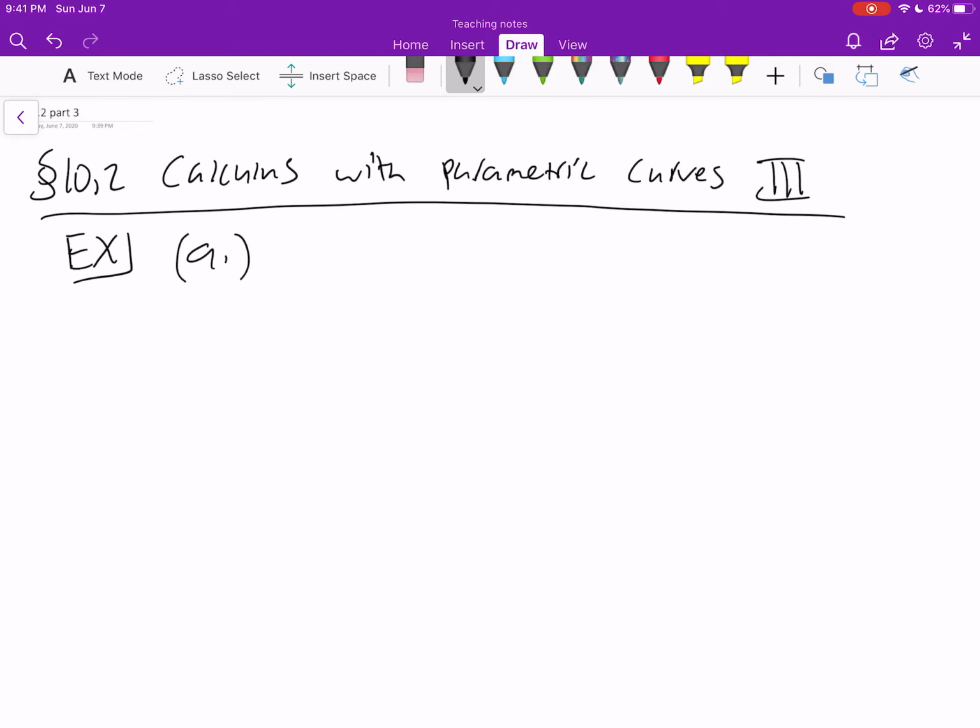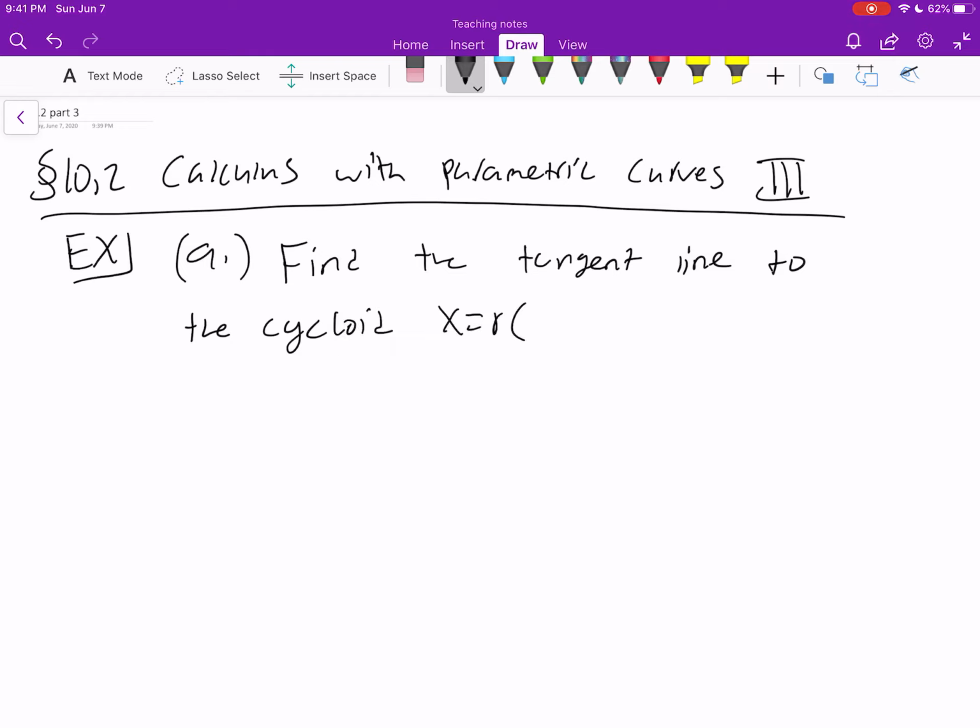But let's do this. We're going to find the tangent line to the cycloid x is equal to r times theta minus sine theta.